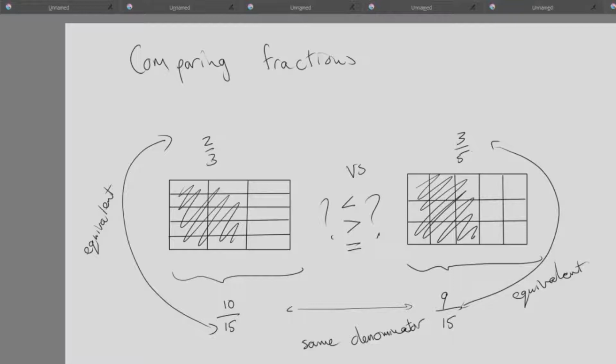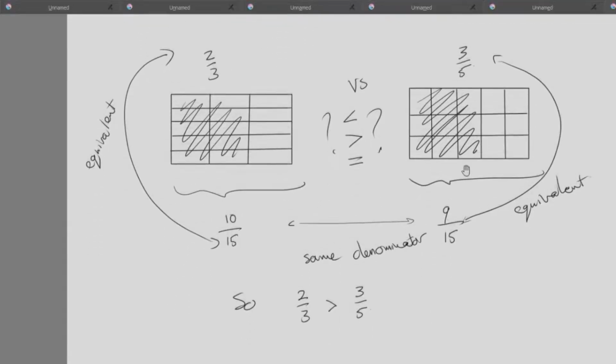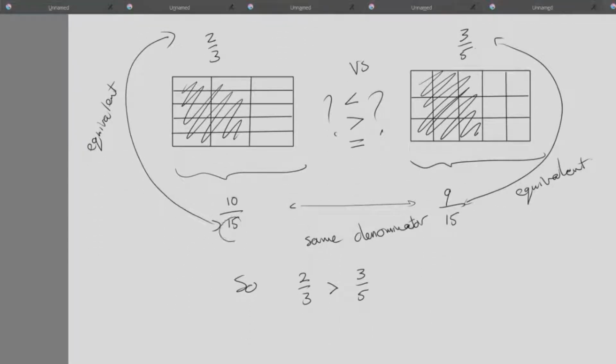I use the other side's denominator and go sideways. So this denominator is the product of the two denominators, 3 times 5, and this one is 5 times 3, but it's the same. Now how did I get to 10? Well, the two columns that I had now each have 5 pieces.